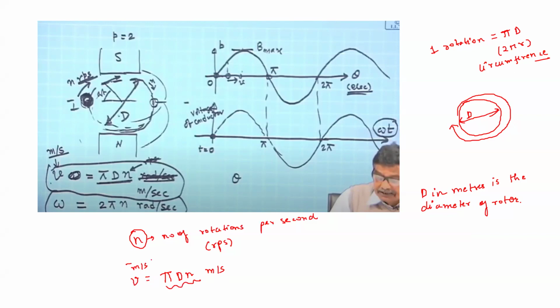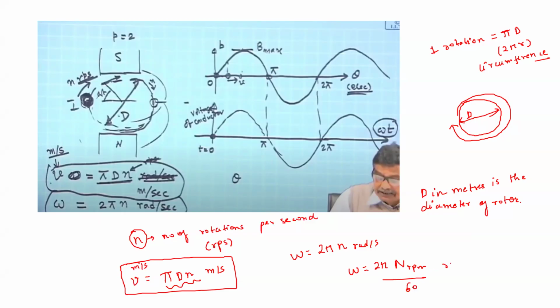This is how you can find velocity in meter per second. And omega, we know, is 2 pi n radian per second, or 2 pi capital N by 60 radian per second, where capital N is in RPM.